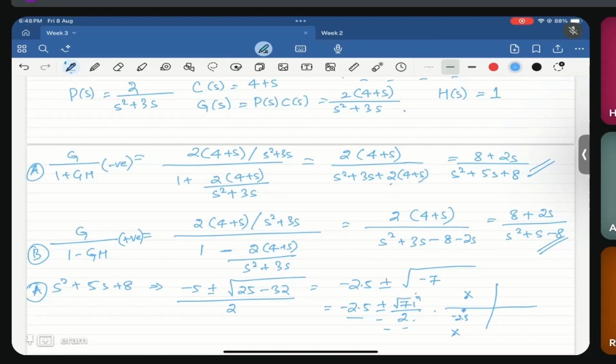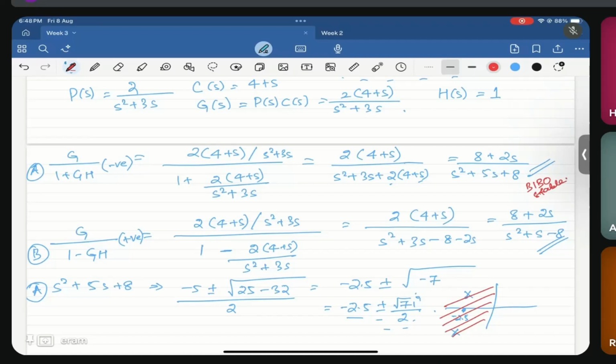So the poles are lying on LHP or RHP? LHP, yes. The poles are on the left half plane. So this system is Bibo stable or not? Yes, it is stable, because all the poles are on the left half plane.